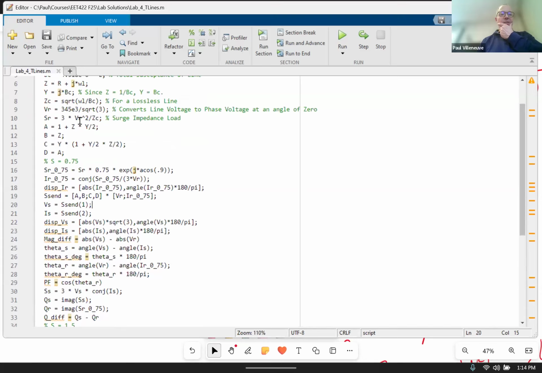That's 3 times B squared over 2. I had this divided by 3 times VR. That is correct.